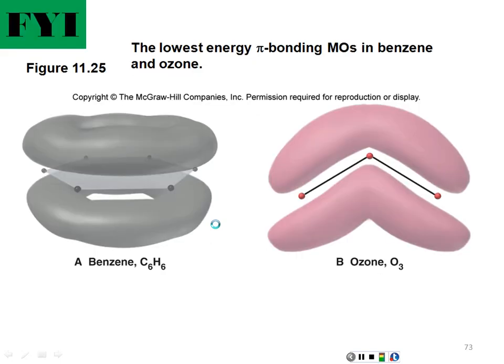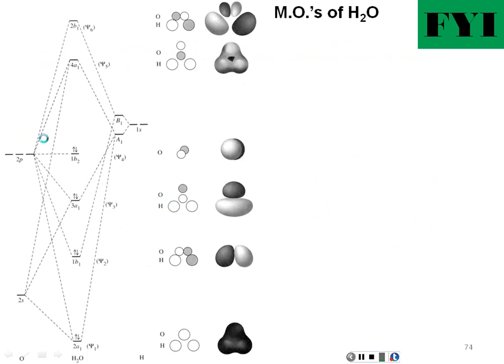What you get for some of these looks like this. Your book shows you the picture of benzene, where you have these big molecular orbitals that are spread out over the entire molecule. Here's an example of some molecular orbitals for water. Even water, having 3 atoms, you see just how complex it can get.